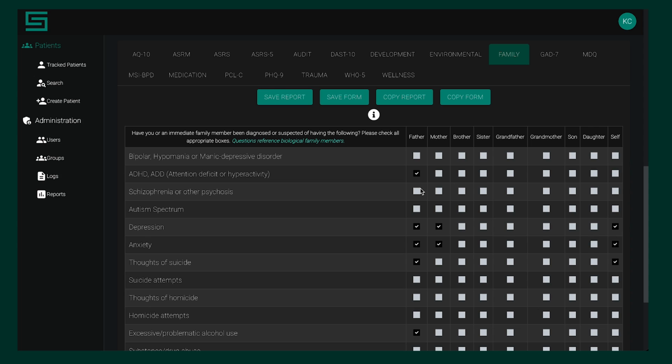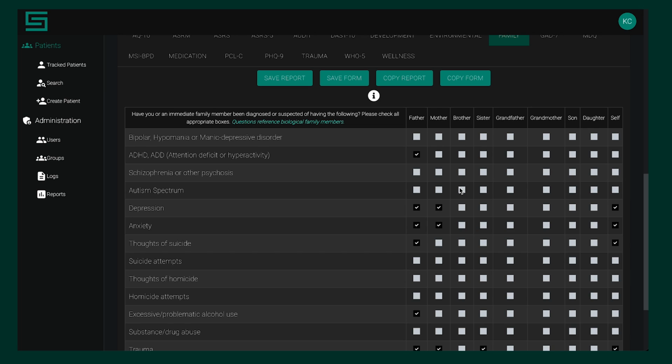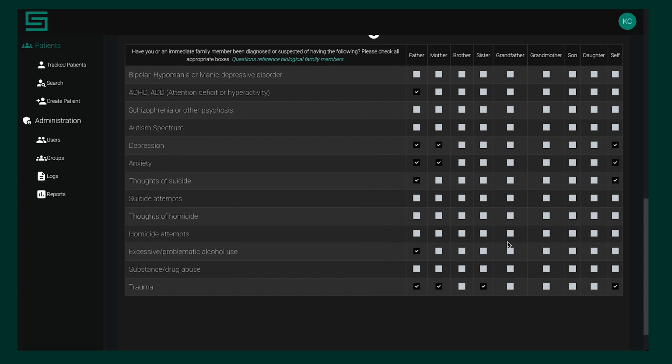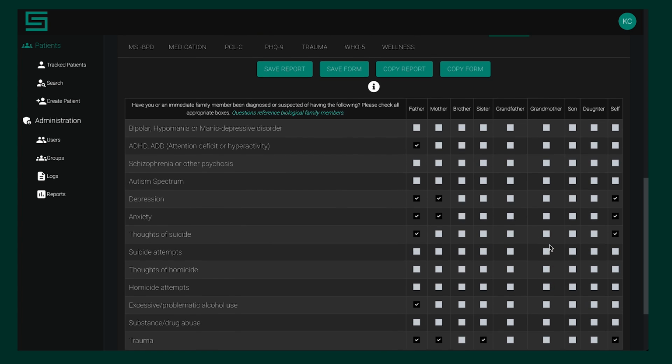I'm curious if that was diagnosed or if that was suspected. And if diagnosed, you can have a little conversation about what that looked like, maybe a little bit of their experience, and that helps clue you in that the client might also have this because it's passed down in the genetic codes. Depression, anxiety, thoughts of suicide, these are all pretty common with folks with neurodiversity. Ultimately this just helps pre-screen what might be going on for your client, and then you can check in during your session about these different pieces.